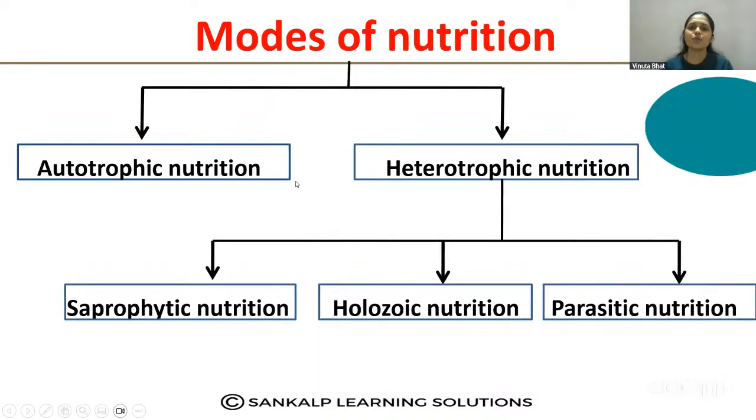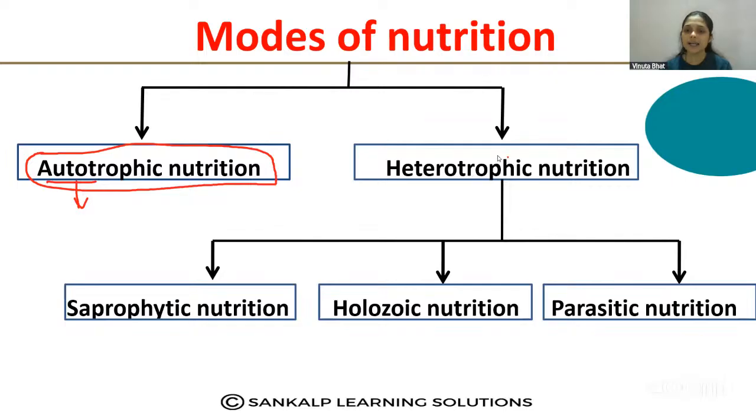Then we can divide the modes of nutrition based on how organisms obtain their food. There are mainly two types of nutrition. The first type is autotrophic nutrition. Auto means the organisms which are able to synthesize their own food; this type of nutrition is called autotrophic nutrition.